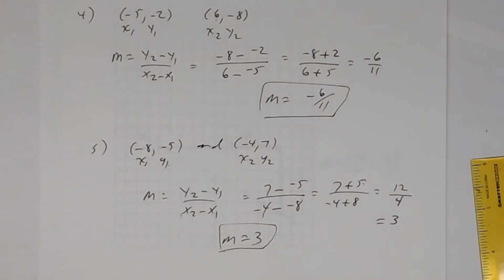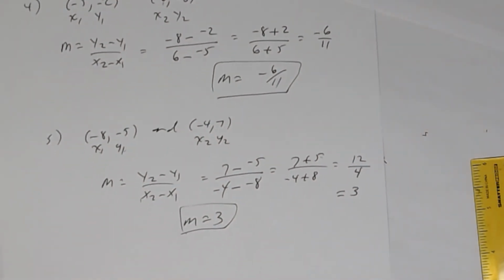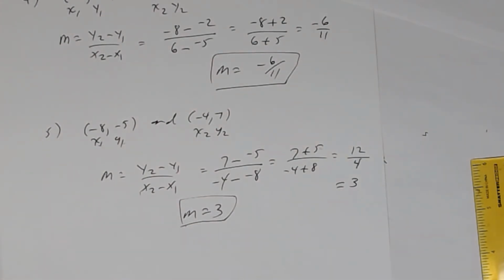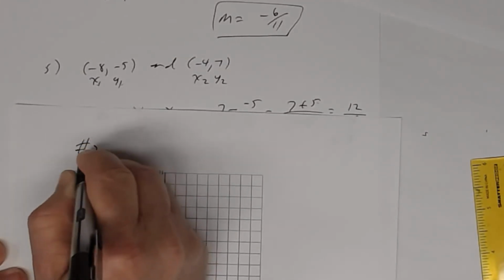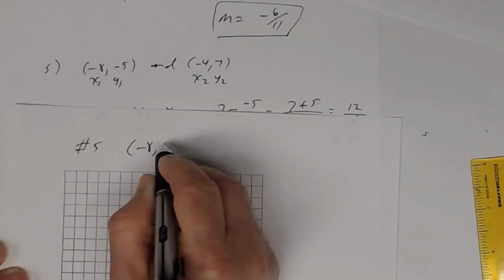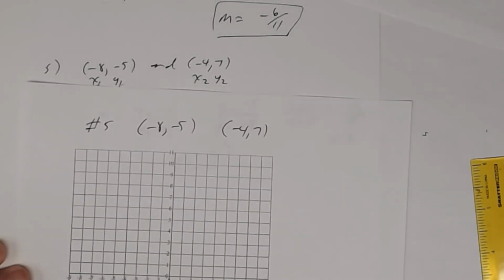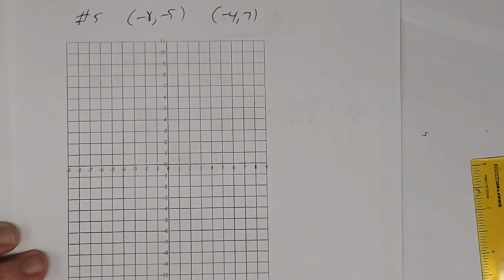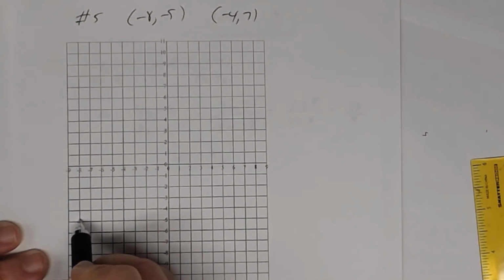If you wanted to look at the graph, just to remind you, just like we did in the previous problems, let's see what we get. Let's plot those 2 points. For number 5, my 2 points are negative 8, negative 5, and negative 4, 7. Negative 8, negative 5 is right here, right?